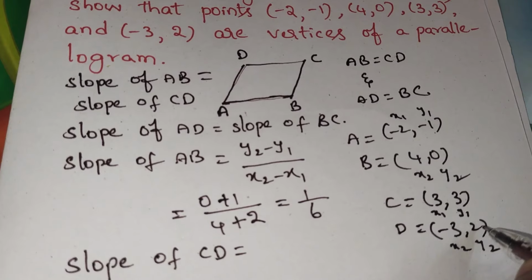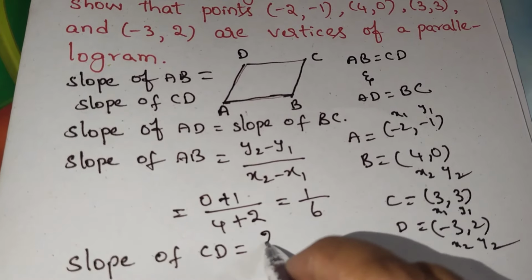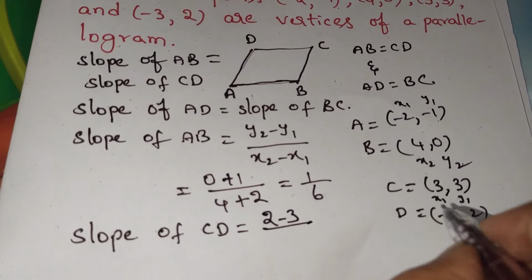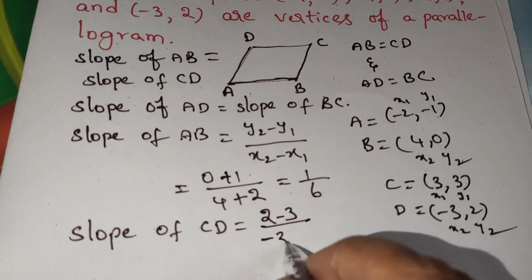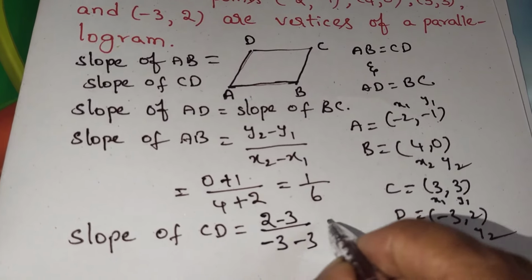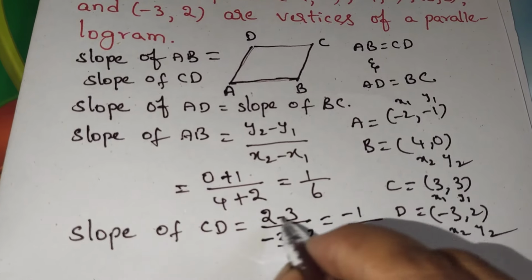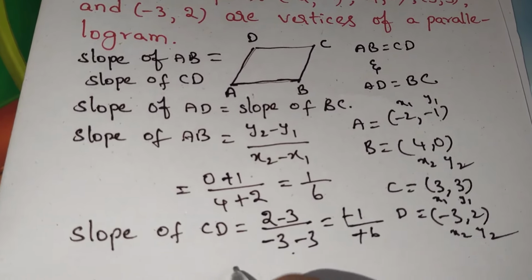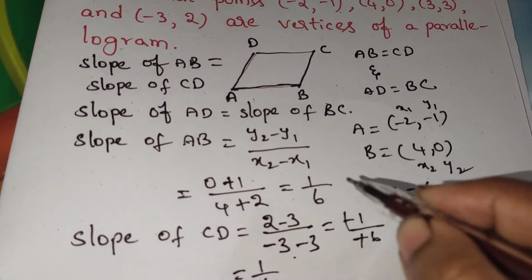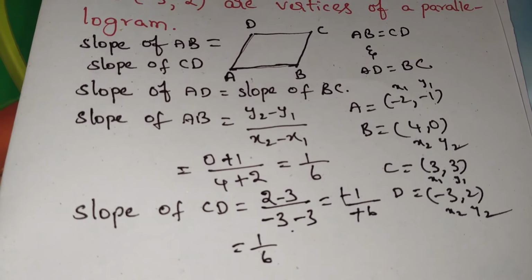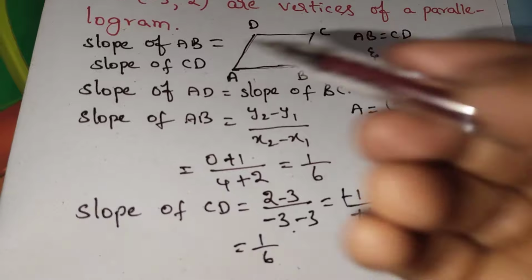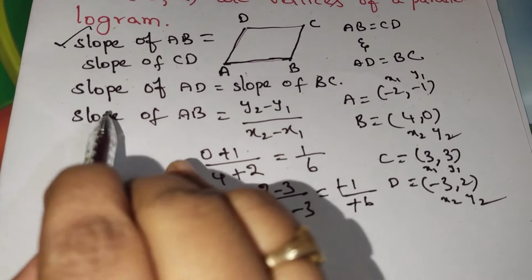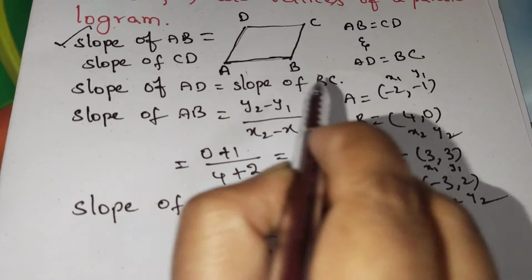Here y2 is 2, y1 is 3. 2 minus 3 divided by x2 minus x1. x2 is minus 3, x1 is 3. So minus 1 by minus 3 minus 3, minus 6. So minus minus cancel, 1 by 6. So both are equal. The slope of AB equals the slope of CD. So this one is verified.